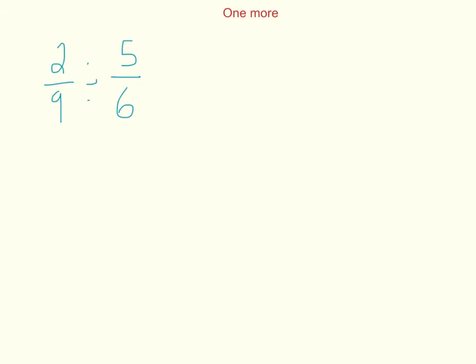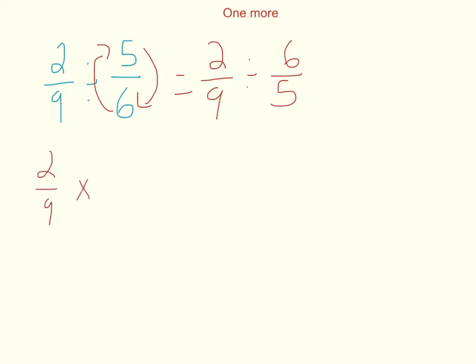All that means is taking that numerator to the bottom and taking that denominator to the top for a new question of 2 over 9 divided by 6 over 5. Step 2 says to multiply straight across, so we've got 2 over 9 multiplied by 6 over 5. 2 times 6 equals 12, and 9 times 5 equals 45.